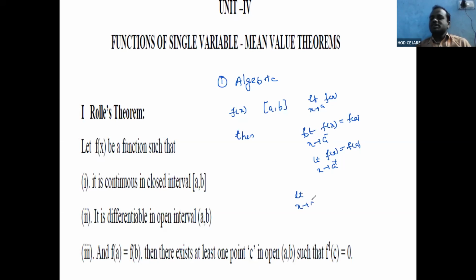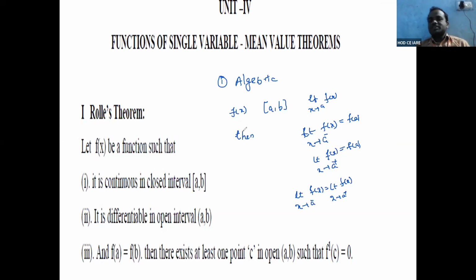Limit x tends to a minus f of x is equal to limit x tends to a plus f of x. So that is called a continuous function. If these conditions are satisfied, you can call it a continuous function. So sir, we can define this like: f of x is a function in the interval a comma b, in which f of a and f of b are different values.